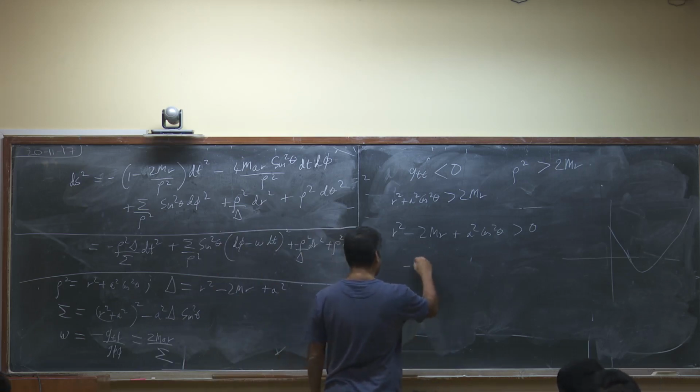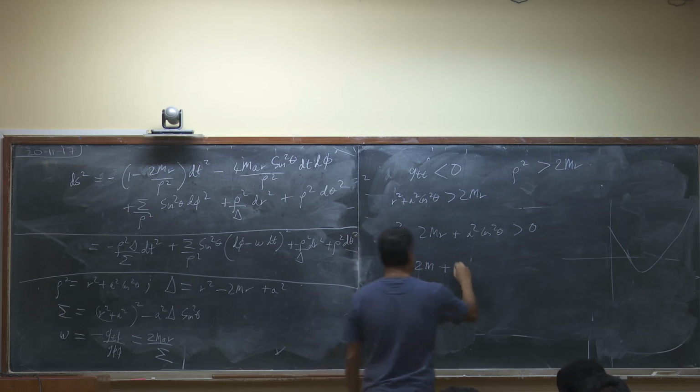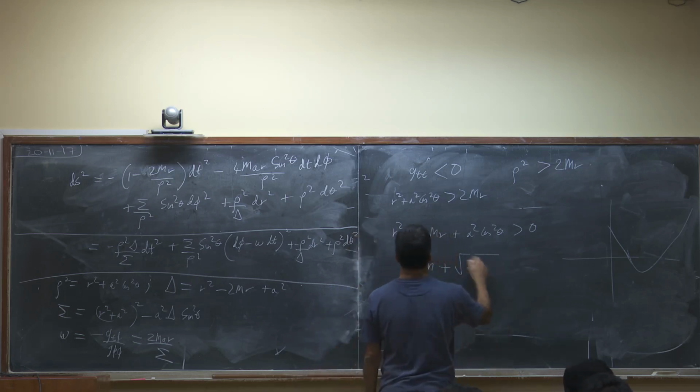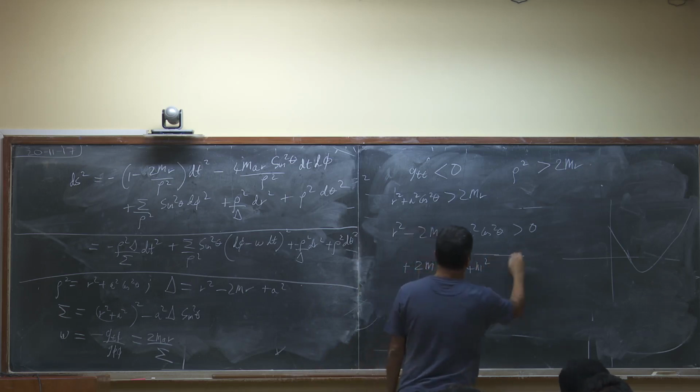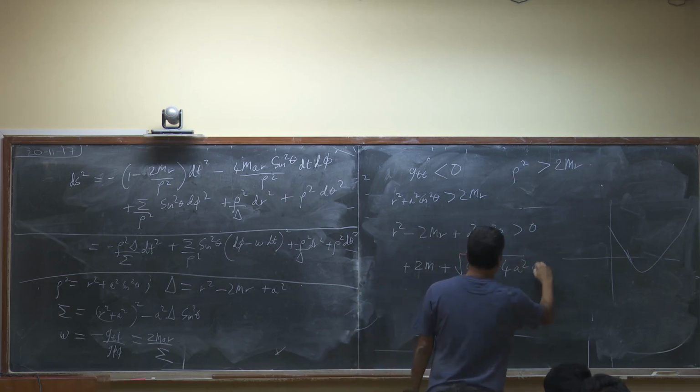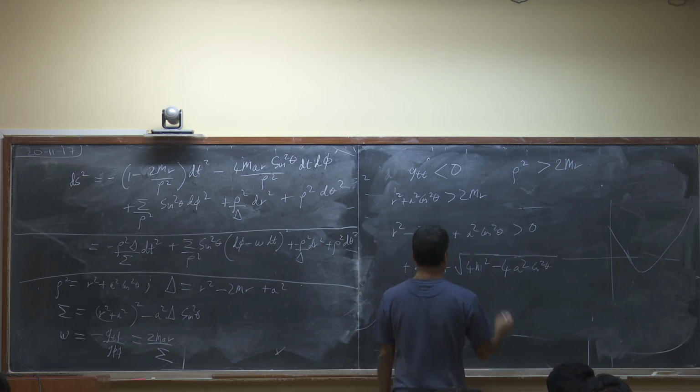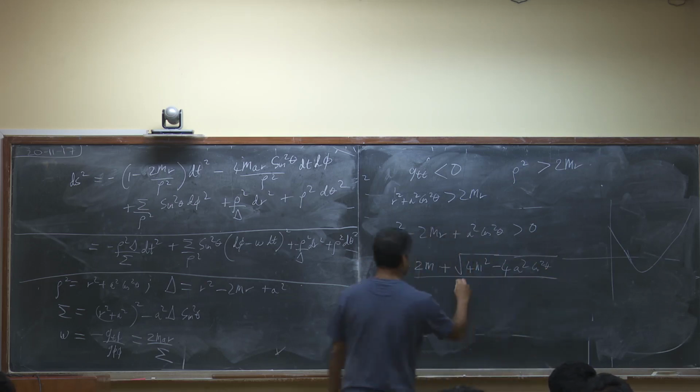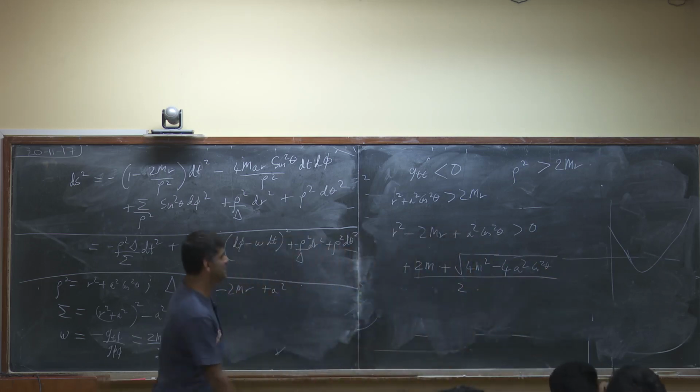Minus b, so that is plus 2m, plus minus the square root of b squared minus 4ac, so 4m squared minus 4a squared cos squared theta, divided by 2a, by 2.